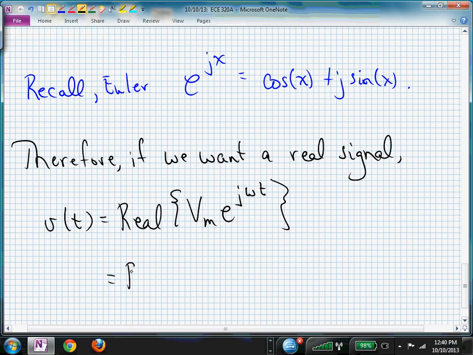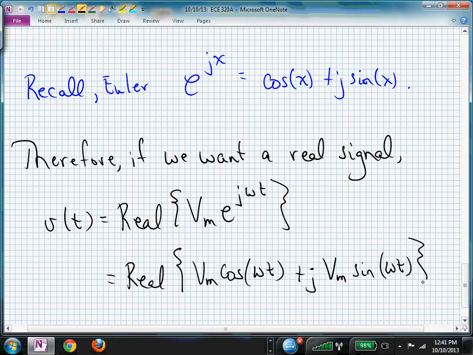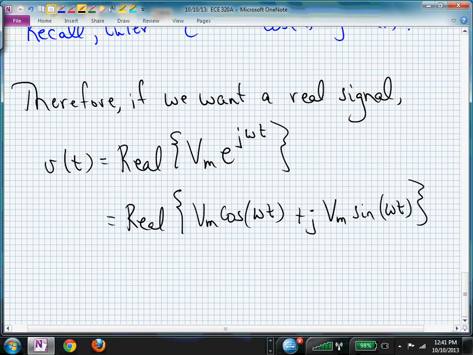This is now the real part of V sub m cosine omega t plus j V sub m sine of omega t. And this function, real, of the curly braces just says pull out the real component of that complex expression, and little v of t now becomes a real sinusoid.